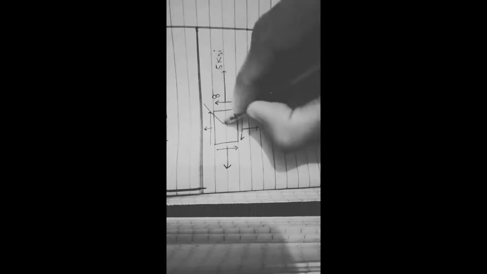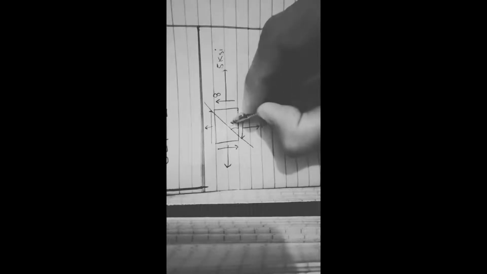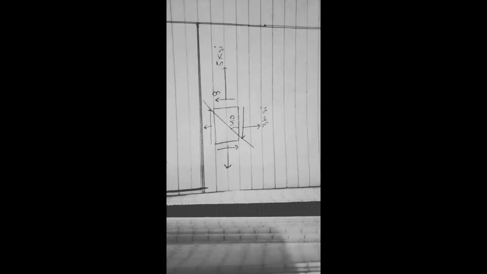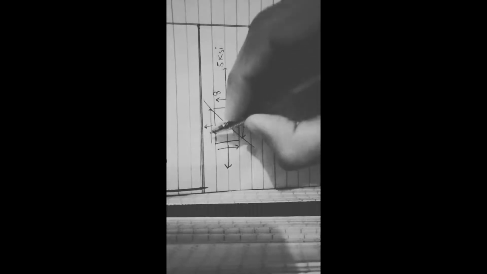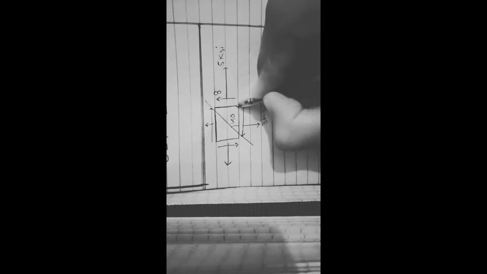Similarly, at this point the two tails are meeting and at this point the two heads are meeting. So we have to convert this state of stress to a state of stress inclined at an angle of 40 degrees. We will consider only these two faces of the given state of stress, for sigma x, sigma y, tau xy and theta.